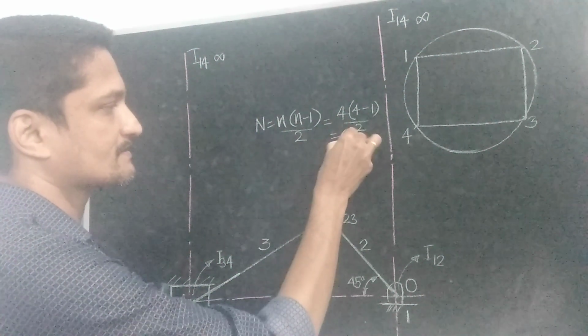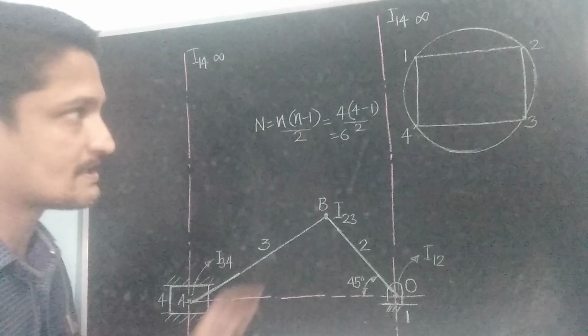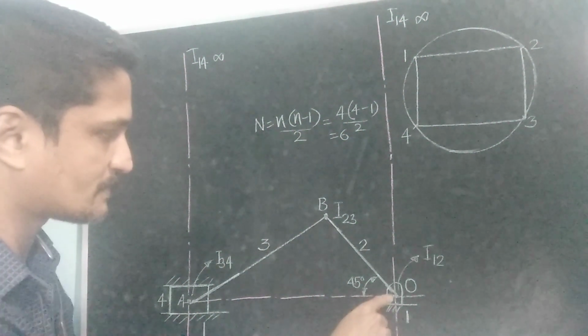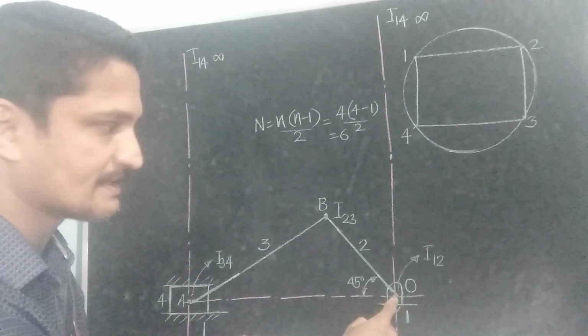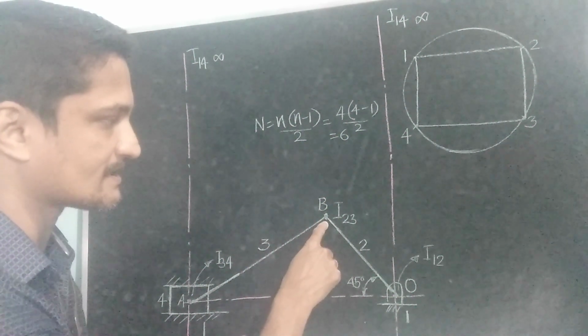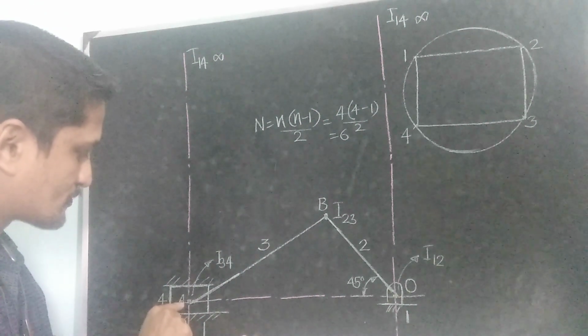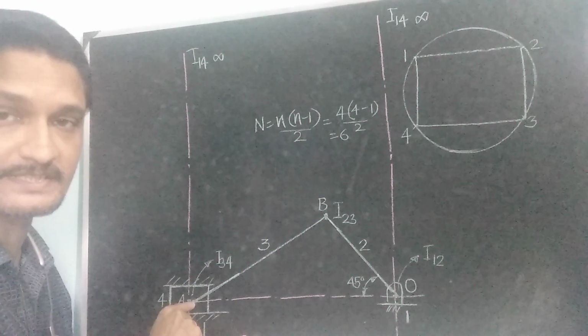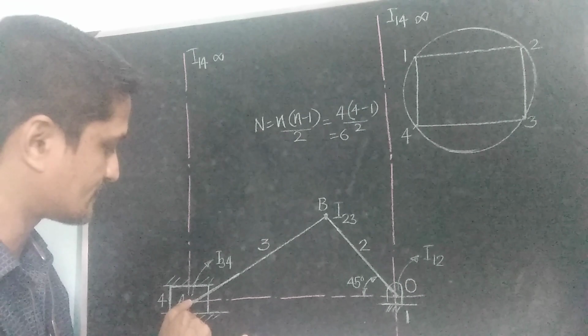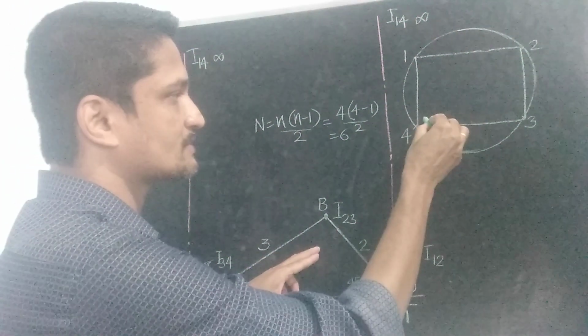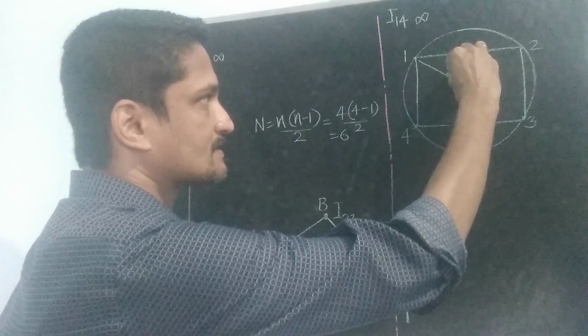The number of instantaneous centers is 6. We already found 4 instantaneous centers, of which one is a fixed instantaneous center, another is a permanent instantaneous center, and another is at infinity. Here also one is a permanent instantaneous center, not fixed but permanent. Then we have to find the next two instantaneous centers.